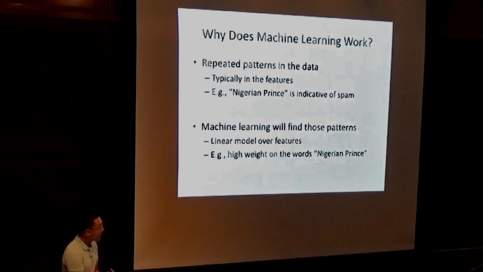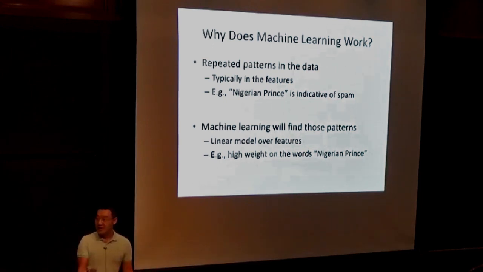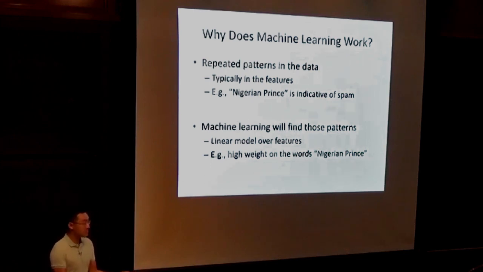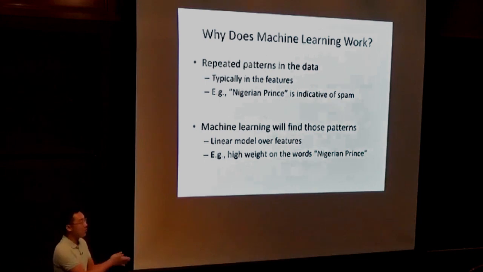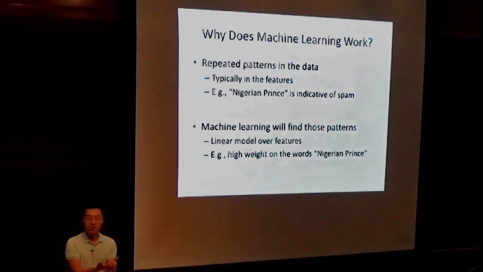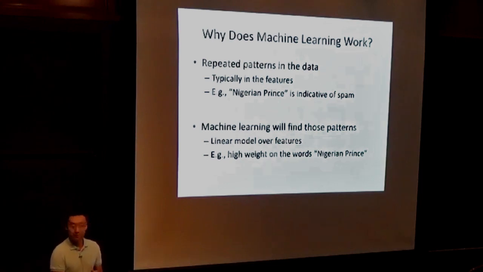So for example, the words Nigerian prince are typically indicative of spam. And so observing those words, and assuming those words are captured in your representation, you will learn a pattern from a large training set that these words are indicative of spam. Your learning algorithm will learn to put a high weight on those words. So that's the idea.